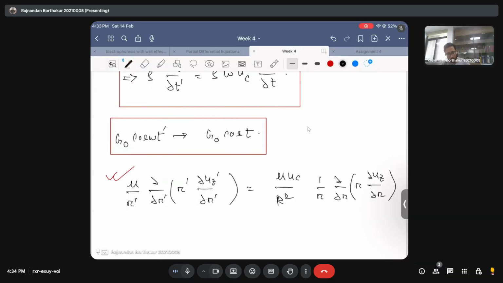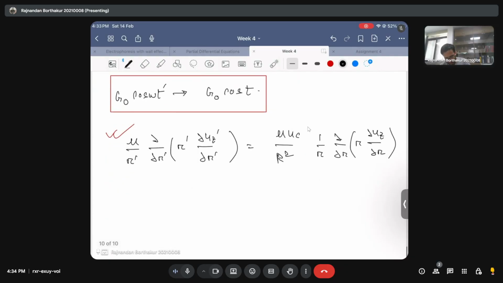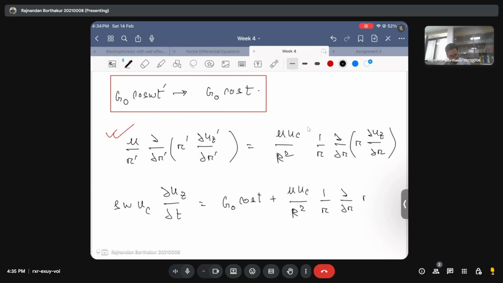Okay, now if you just combine all the terms, you will basically get what? On the left hand side, you will have rho times omega uc times del uz by del t equal to g naught cos t plus mu uc by rc squared times 1 by r del r of r times del uz by del r.